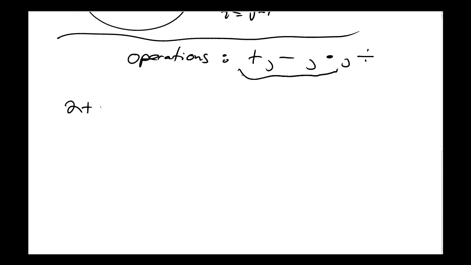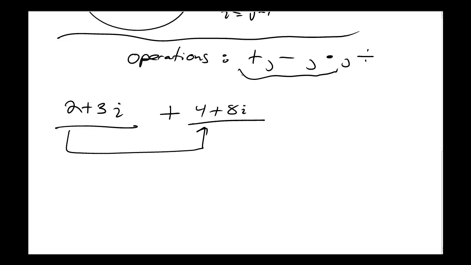So let's talk about an actual honest-to-goodness 2 plus 3i. If I want to add this complex number to another complex number, let's say 4 plus 8i, here's what I'm going to do. I'm going to add the real parts to the real parts, and I'm going to add the imaginary parts to the imaginary parts.